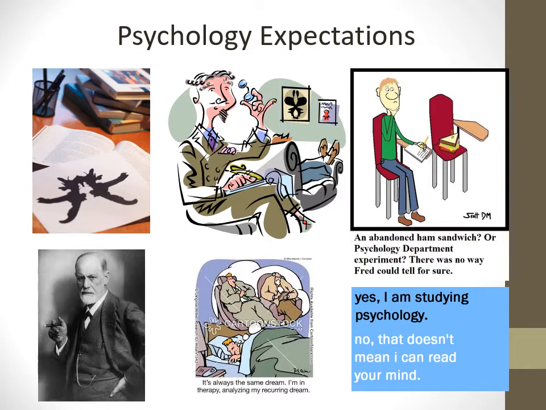The next one is preconceptions about reading minds and brainwashing. People think of movies like A Beautiful Mind or Good Will Hunting, which have some truth to them, but there is more to psychology than that.